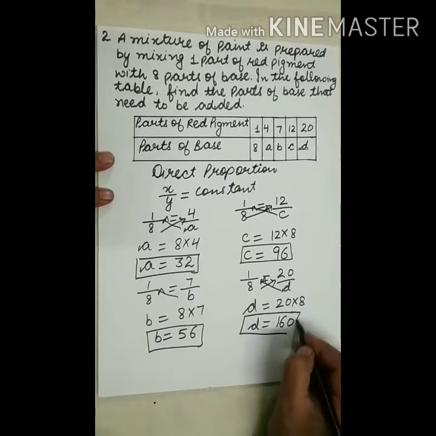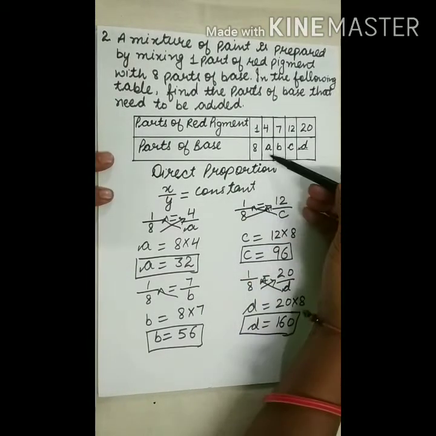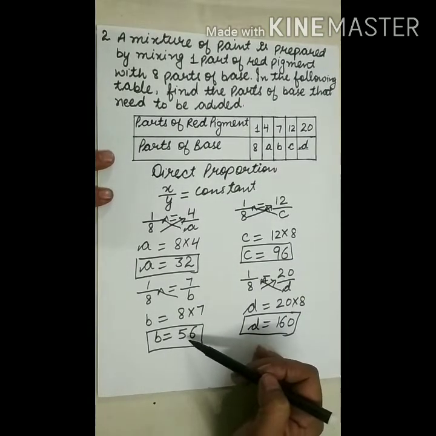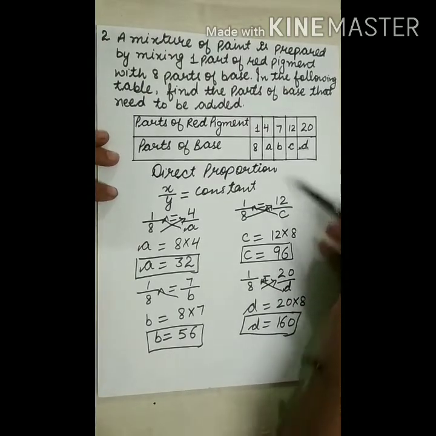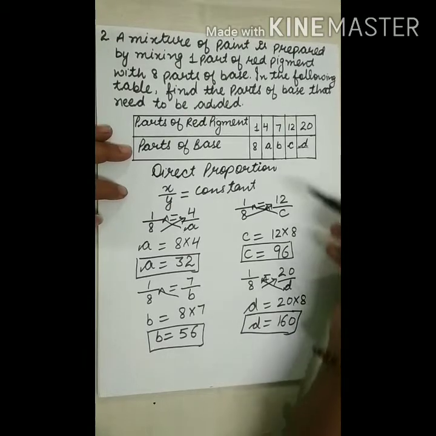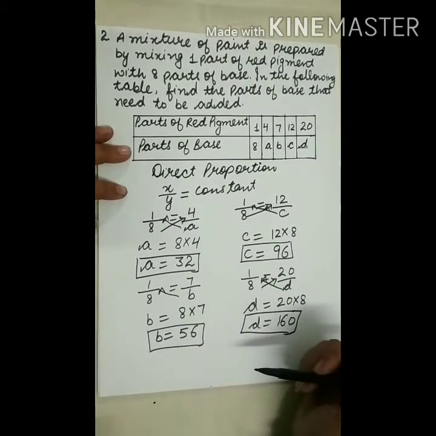Now for 4 parts of red pigment 32 parts of base are required. For 7 parts of red pigment 56 parts of base are required, for 12 parts of red pigment 96 parts of base are required, and for 20 parts of red pigment 160 parts of base are required, which are the required values.